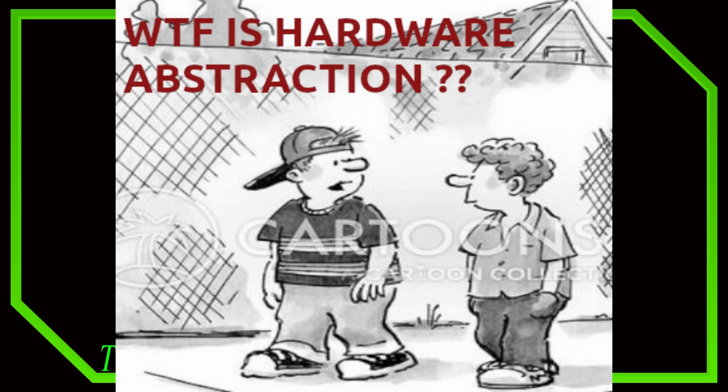Hardware abstraction is where the kernel provides a consistent interface for applications to interact with certain types of hardware. An example of this is when you use a piece of software to create an audio file, and you want to play it back, whether it's a video or just a music file.